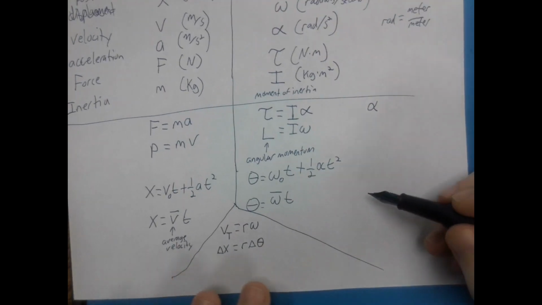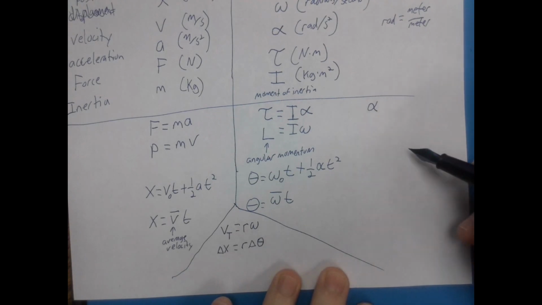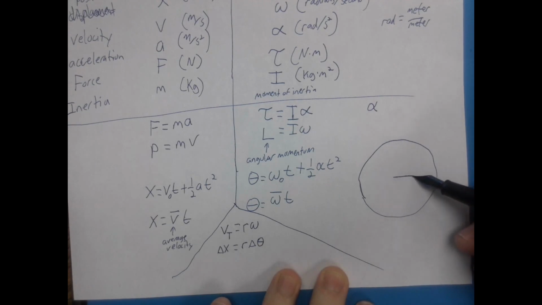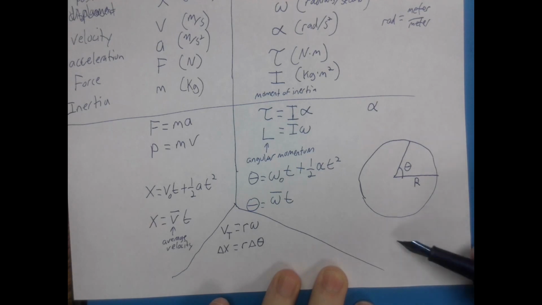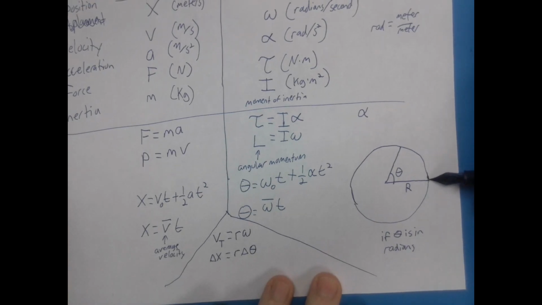So here is why radians is useful. So if you have a circle, and let's say that we move some theta, and this has a distance of r. If theta is in radians, then this distance right here, the length on the circumference, is equal to r times theta.